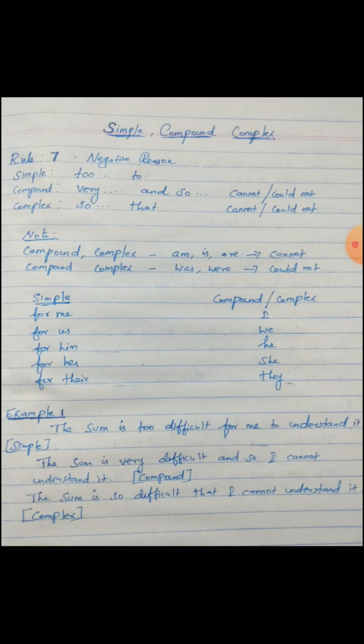So when you change into complex sentence, we have to use so that, cannot, or could not. So the sum is so difficult that I cannot understand it. The sum is so difficult that, and I, present tense, cannot.